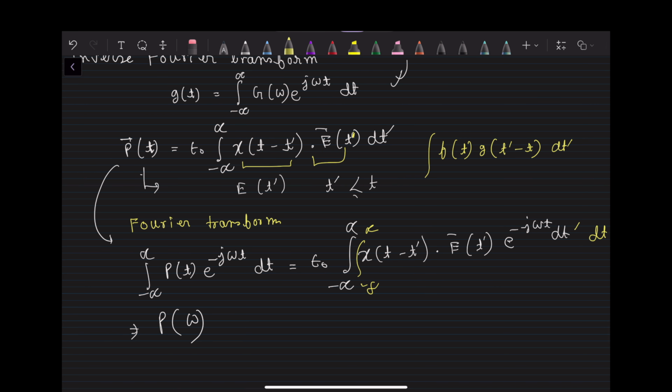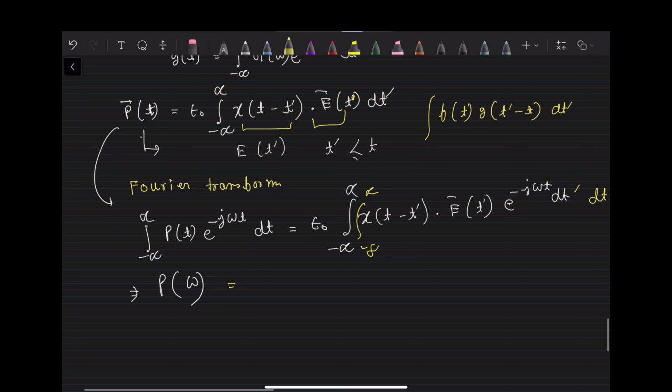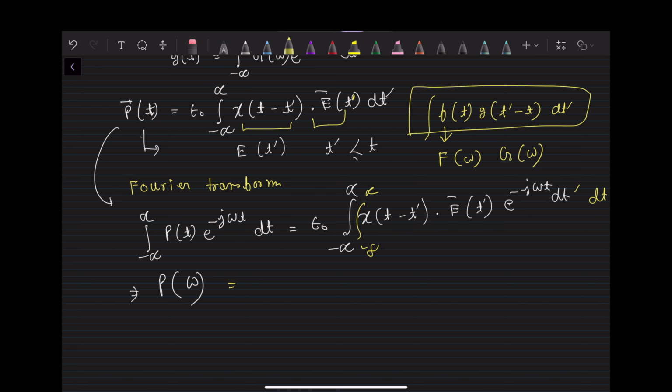The identity is when we take Fourier transform of convolution, so we are taking the Fourier transform of this, right? Then we are left with multiplication of the function, suppose Fourier transform of f is capital F and Fourier transform of g is capital G. So if we take Fourier transform of convolution, we are left with only these two.